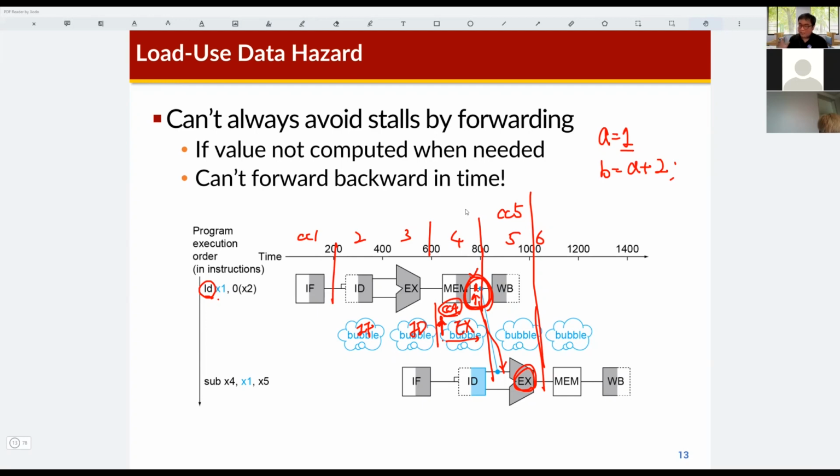That is the fourth stage of the pipeline process, right? It's very important, okay? In this case, the sub instruction cannot be executed at the very next clock. So the sub instruction will consume 1 clock plus 1 additional clock. It will consume 2 clocks. And this data hazard cannot be avoided.